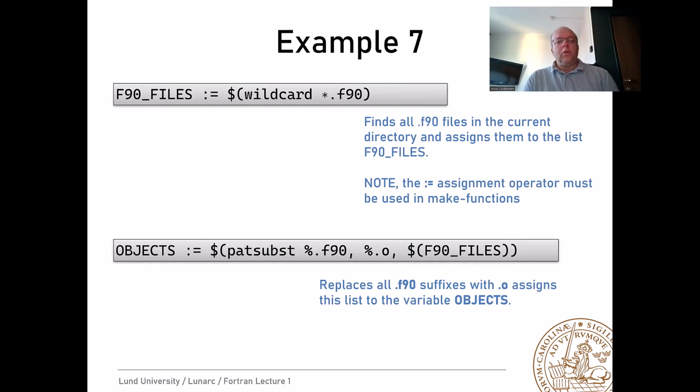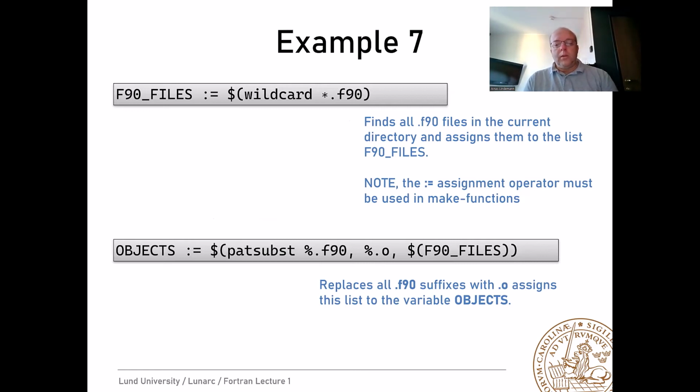So for example, if we want to create a list of all the source code files in our directory, we can do F90FILES := $(wildcard *.f90). That means that F90FILES will be a list of all F90 files. Also note that we have to use := to do these kinds of things.